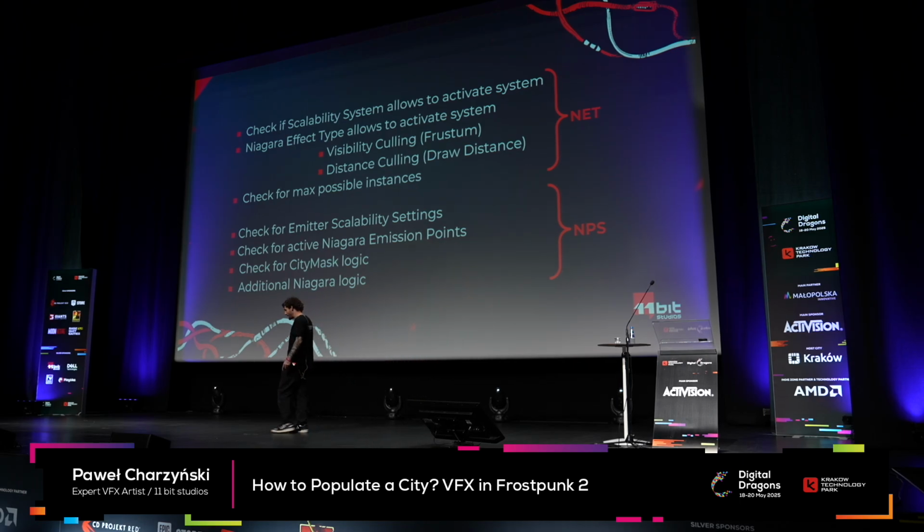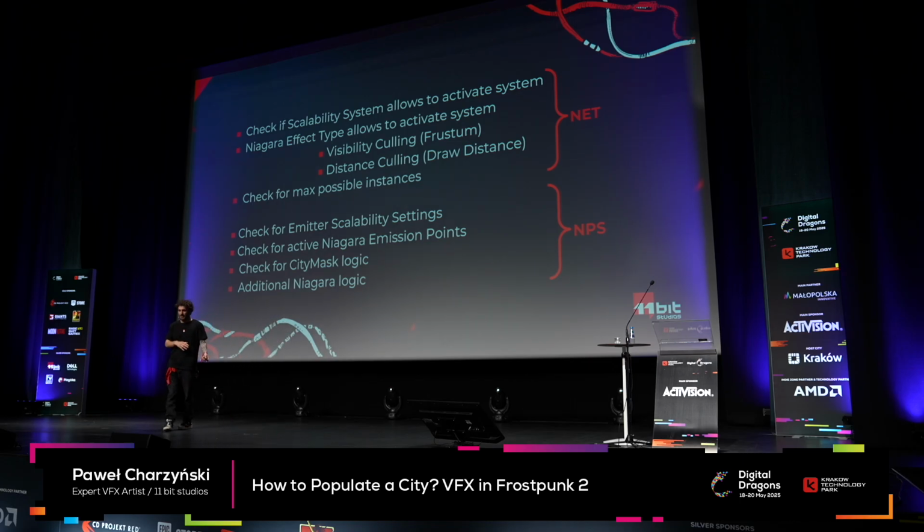Then after it passes the Niagara effect type logic, it goes inside the Niagara itself. And then it checks for emitter scalability settings, that thing at the really bottom. Then it checks for active emission points. If there are some active emission points inside our system, then it can spawn some particles. We also have city mask logic.